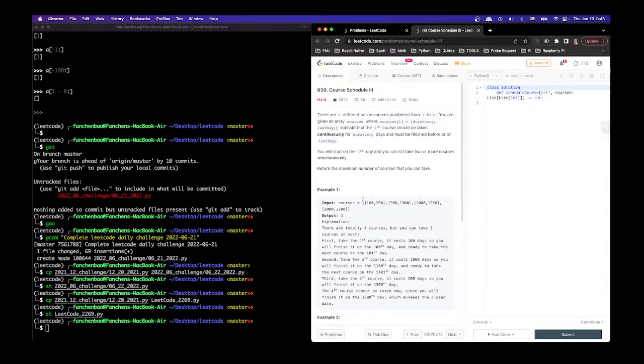If I take this, then if we start with 100, what's the maximum we can take? If I don't take this, if I start with 200, what's the most we can take?